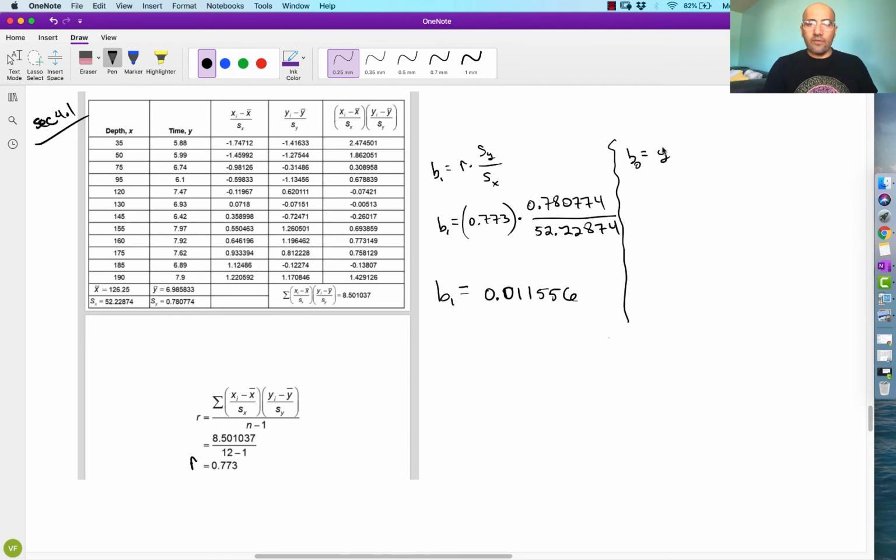Remember that the formula for that is Y bar minus B1, which we just found, times X bar. Right, so again, everything we need is right there.